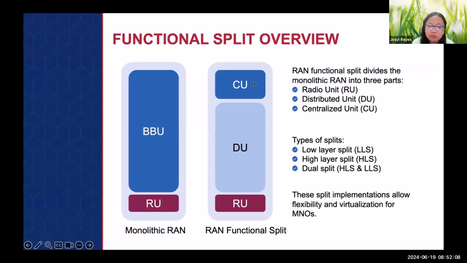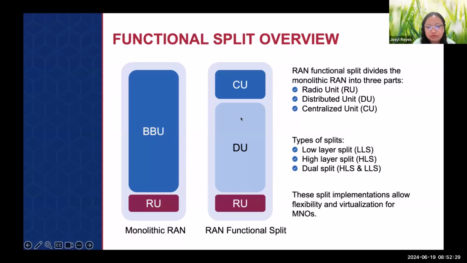And then there will be what we call different types of splits, depending on how we separate the components. For example, if we separate the RU and then the combined CU-DU, that's what they call a low layer split. Very intuitive, because it's at the bottom, low layer split.